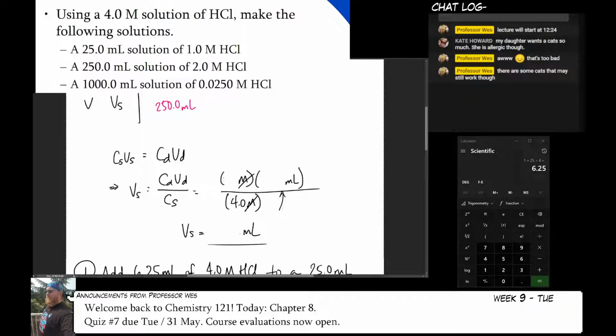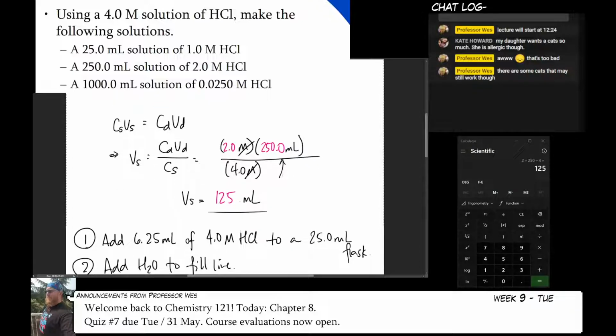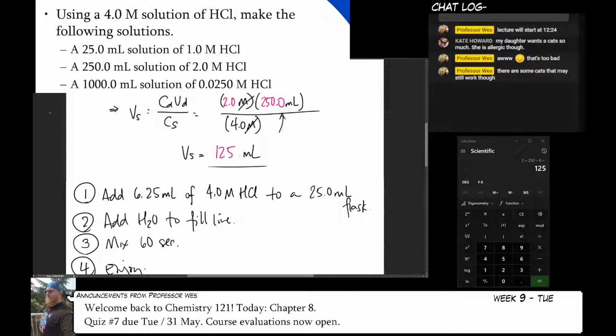My dilute concentration is 2 molar, and I wanted 250 milliliters this time. So 2 times 250 divided by 4. The only changes you make to the procedure down here are... oops, that one actually stays the same. I want to add the amount that I solved for, and my flask is now this volume because I'm making more solution. And everything else is the same.